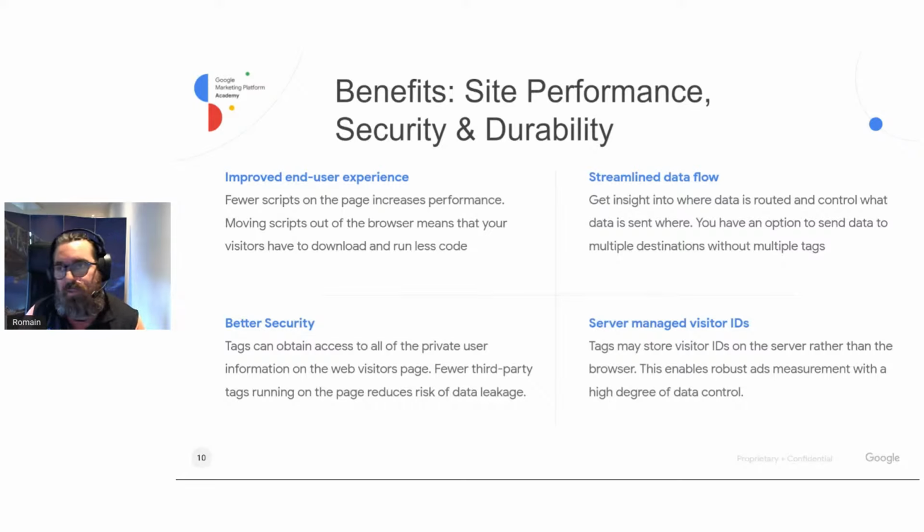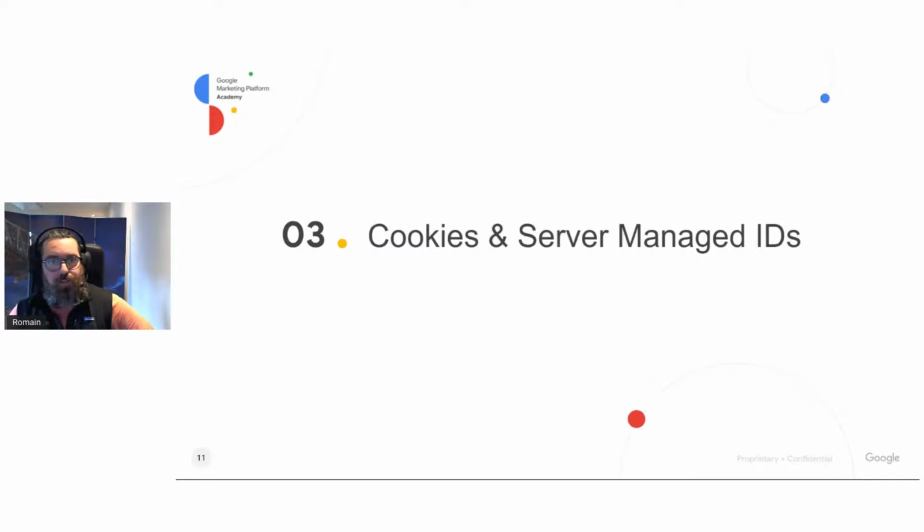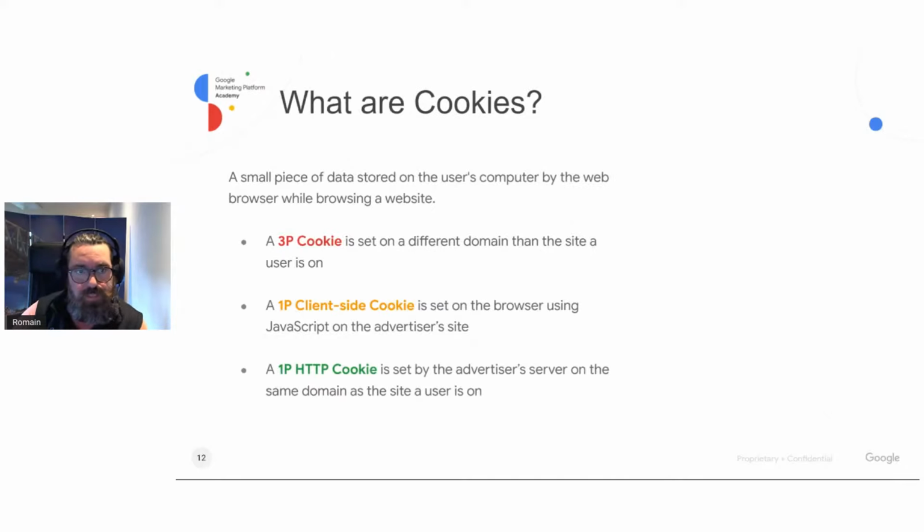That is the idea of taking advantage of HTTP cookies instead of relying solely on client-side cookies, which are more robust and more durable. So, cookies and server managed ID, what I was just mentioning. We have two types of cookies that we are used to: third-party cookies, set on a different domain, and first-party cookies, set on the same domain and stored in the browser of the client.